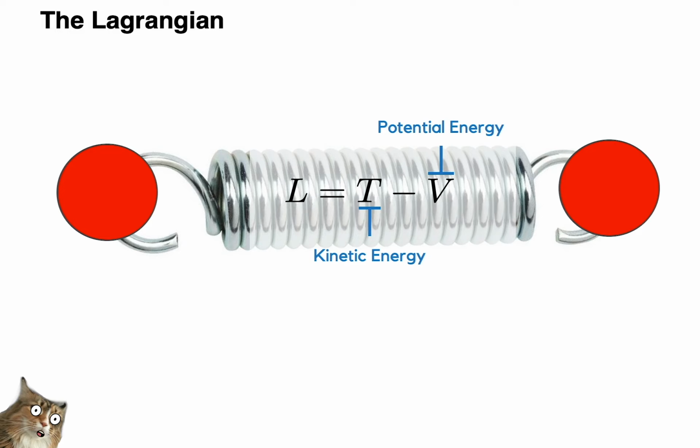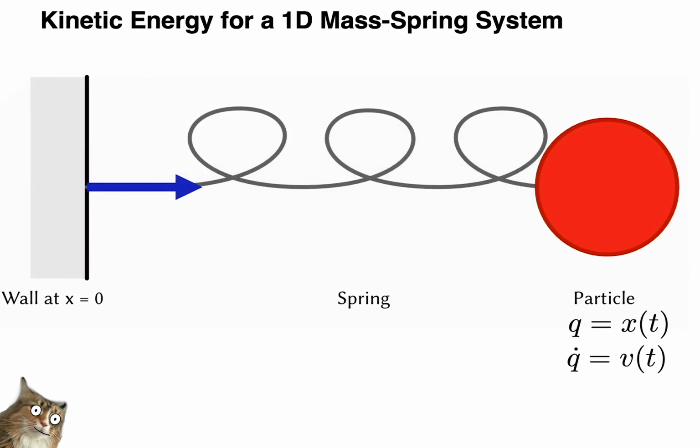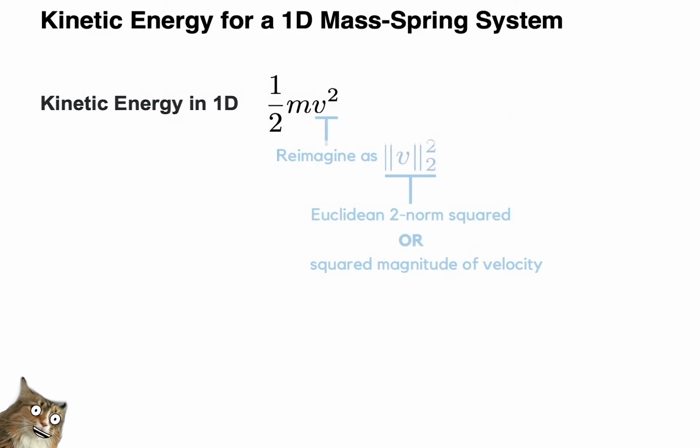As before, our goal is to build the Lagrangian for this system, which means we will need to take these generalized coordinates and velocities and synthesize kinetic and potential energy functions of our spring. Let's start with the kinetic energy. But first, a little refresher using our 1D spring. Remember that in 1D, our kinetic energy was the familiar form 1/2 mv squared.